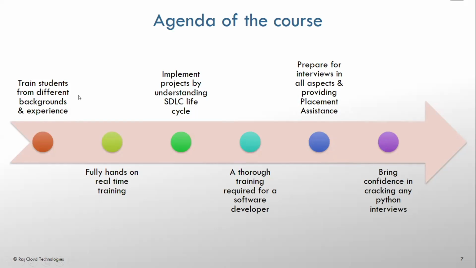We created this program for students who graduated from engineering, masters, or MCA, from any background, who would like to get into the programming world. Like the way you learned C++ in the beginning of learning IT, Python is another language, and it is more readable and comparatively easier.